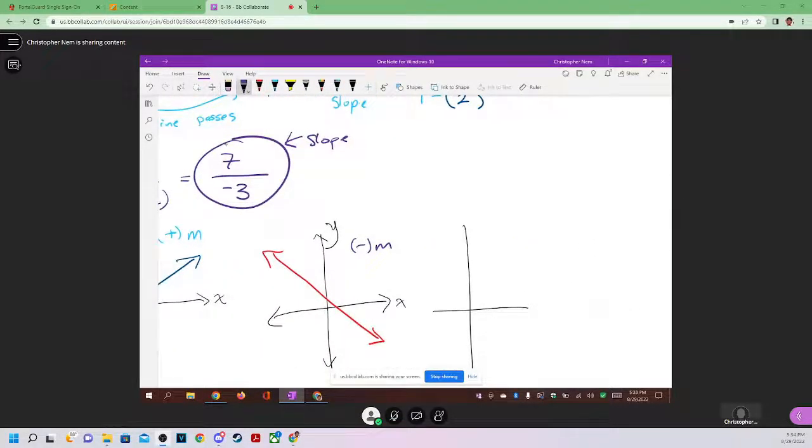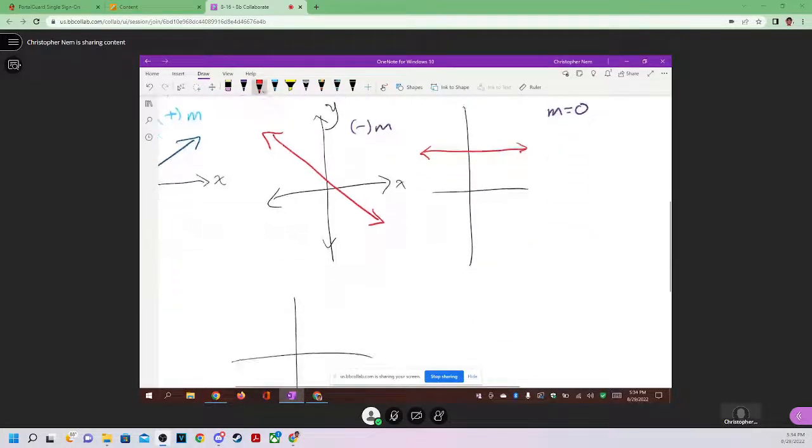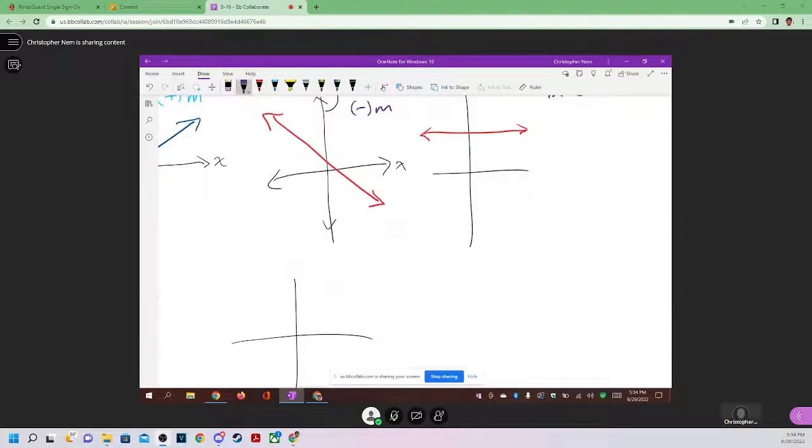M equals 0. How does that look? Well, if your slope is 0, you actually have a horizontal line. It is completely horizontal. And the last thing is, you have one last exception when your slope is undefined, or no slope. That's when you have a line that is perfectly vertical.